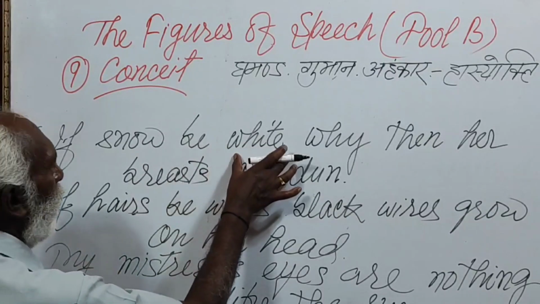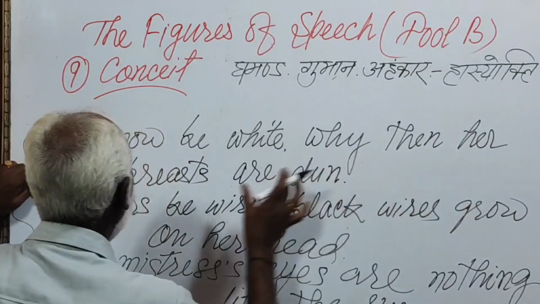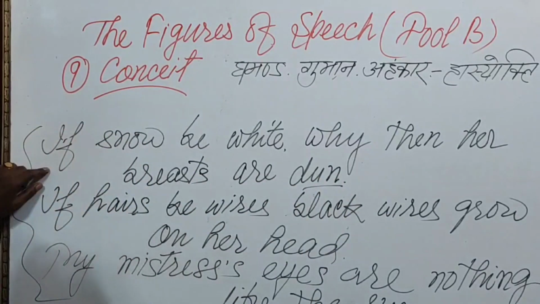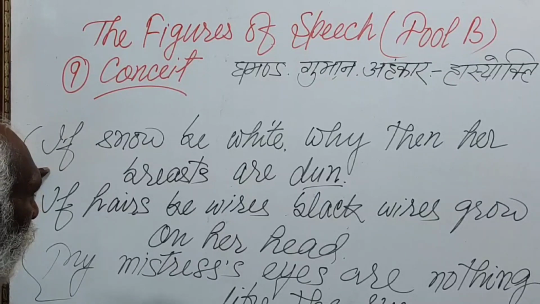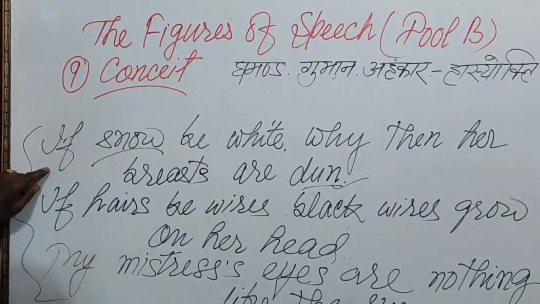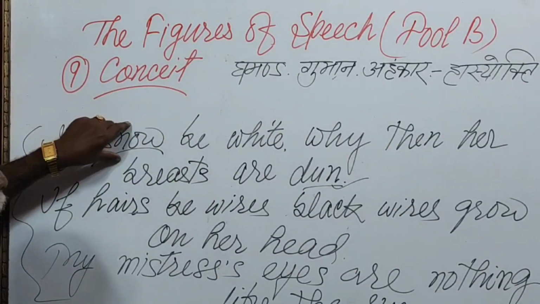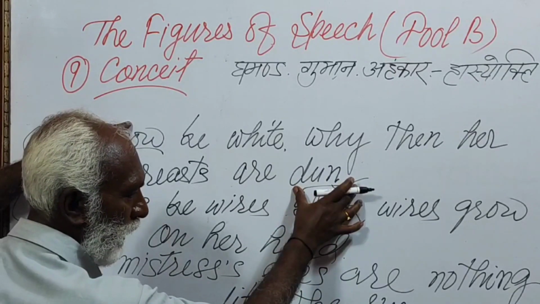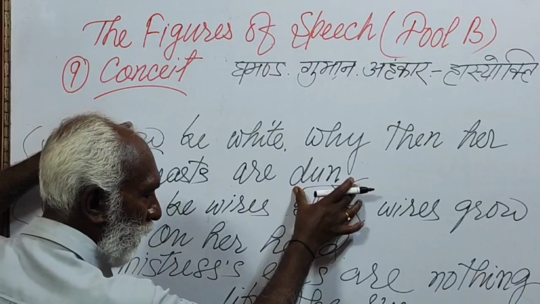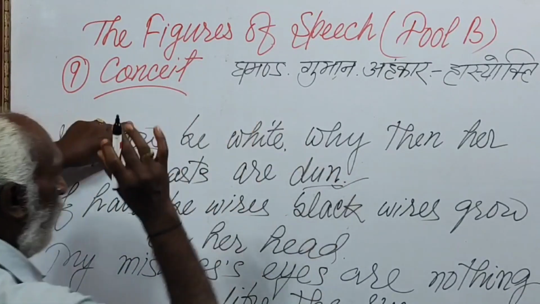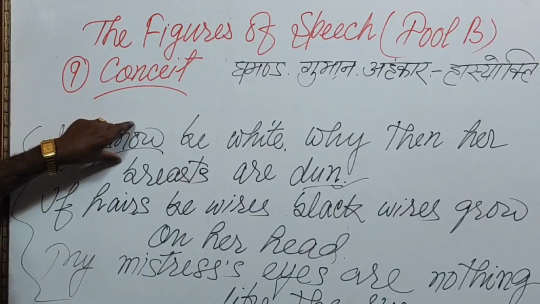If snow be white, why then her breasts are dun. Dun means very dark, very dull. Comparison of snow and dew is made using metaphor, and snow and dew are very dissimilar, very opposite, very different from each other, but the comparison has been done using metaphor. So here conceit is found.